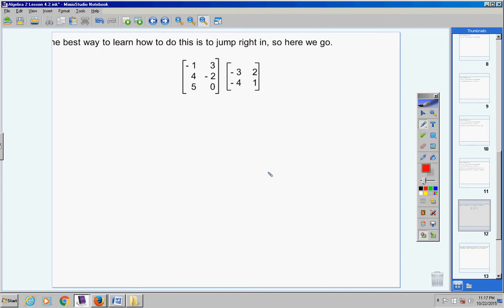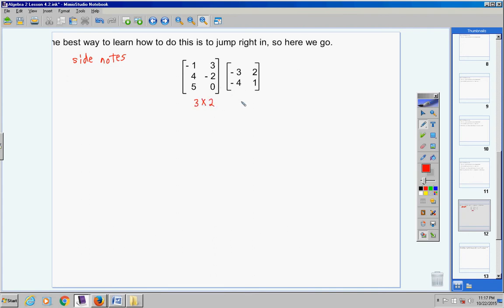And here we go. Step 1 says to run a test. So here we go. I expect you to take a lot of side notes off to the side, okay? Because I'm going to be explaining each step slowly, meticulously, and hopefully well, okay? So in order to run a test, you write down the dimensions of your first matrix, and this is a 3 by 2, 3 rows, 2 columns.